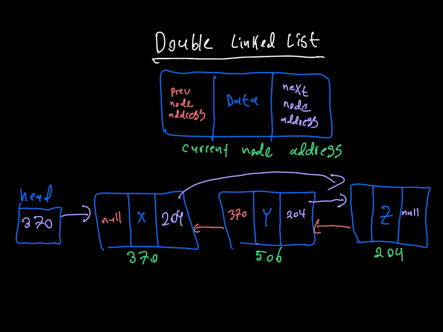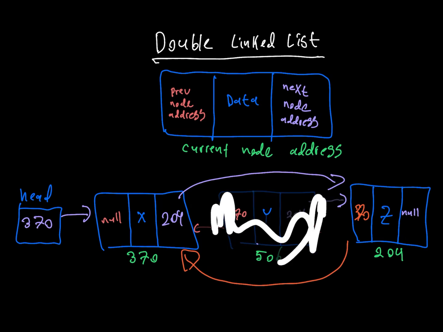So we would update this to be 370, have it point to 370, and then we could essentially treat this node as if it didn't exist, right?